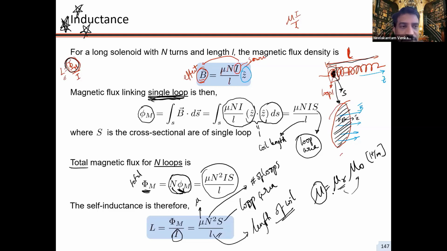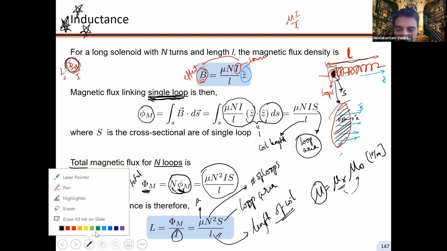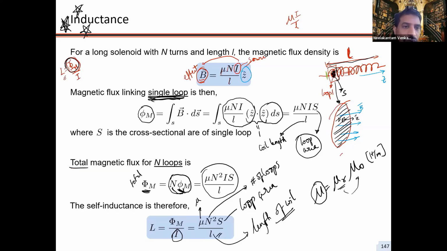So what do we mean by this mu r? That depends on the core material, a magnetic core or any core that you would use inside the coil. In this case it's an air core, but if I put a bulk material like a cylindrical or rectangular core, then that can be a magnetic core.